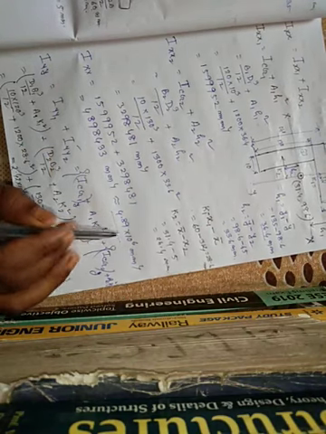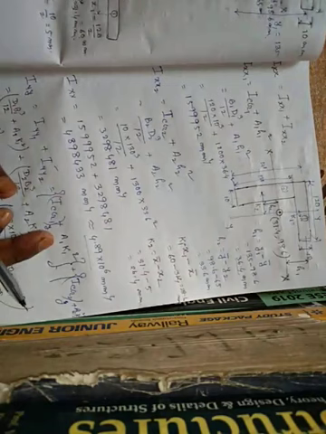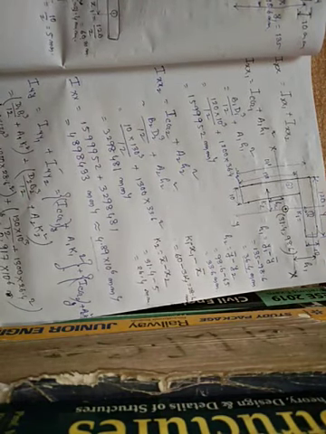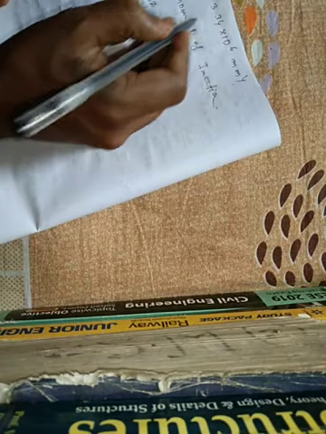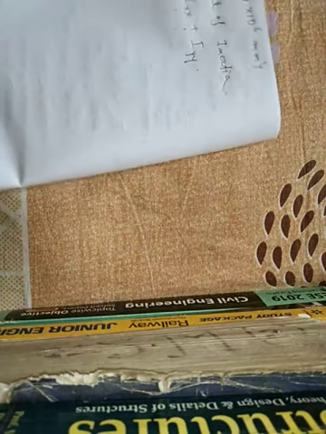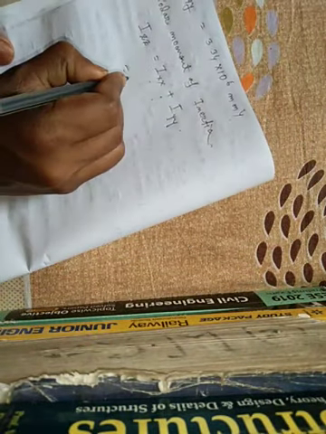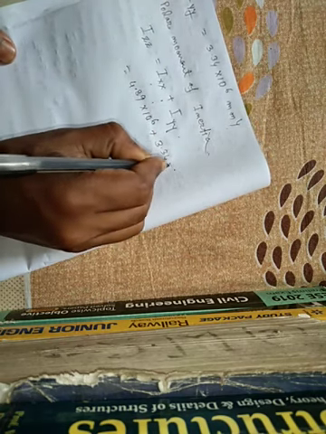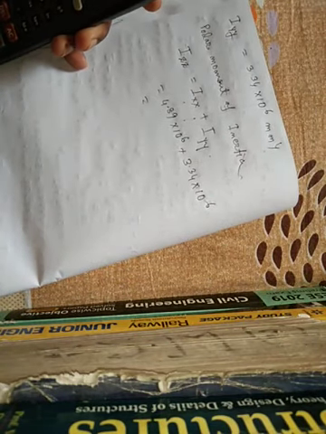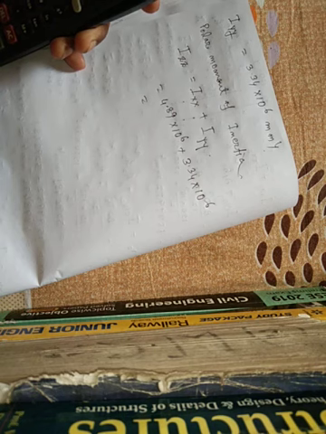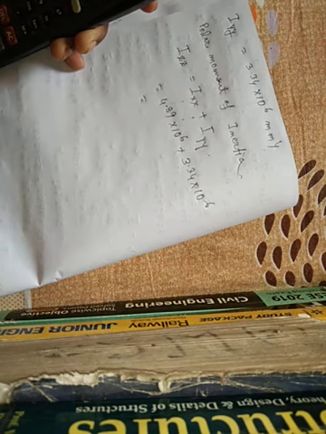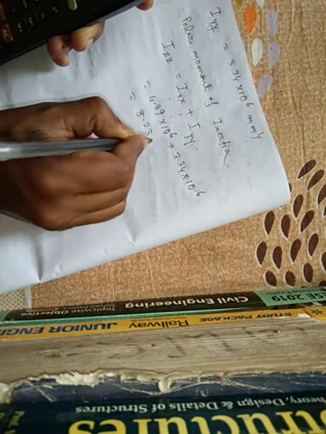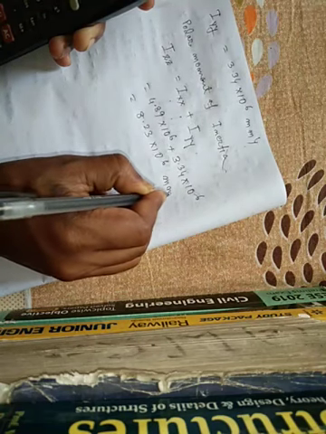Ixx equals to 4.89 into 10 to the power 6, and Iyy equals to 3.34 into 10 to the power 6. 4.89 into 10 to the power 6 plus 3.34 into 10 to the power 6 is equals to 8.23 into 10 to the power 6 millimeter to the power 4. This is the answer.